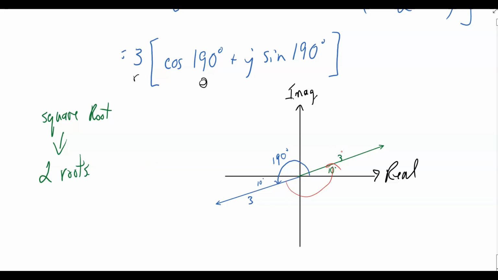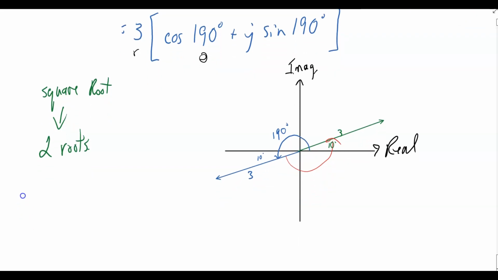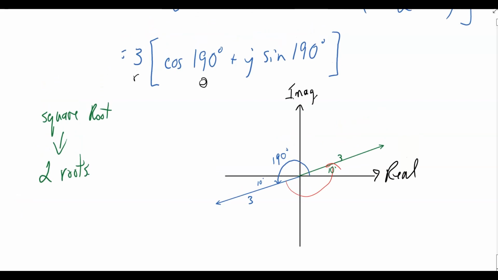So they have 180 degrees between them. If there were 3, they would be evenly spaced as well, 3 different terminal arms equally spaced amongst the 360 degrees. So that would be 120 degrees between them. And that's just a feature of complex numbers.